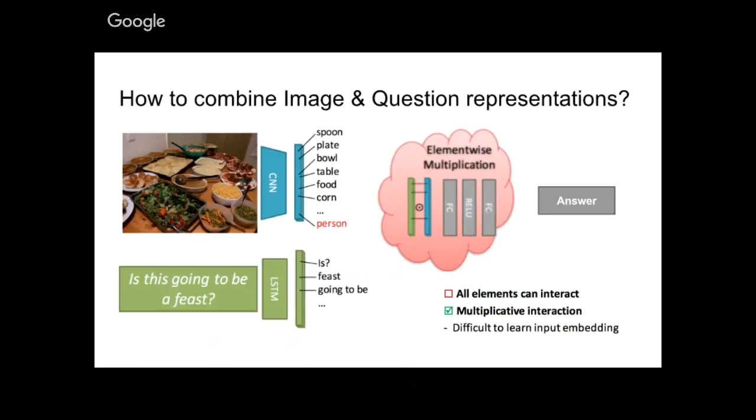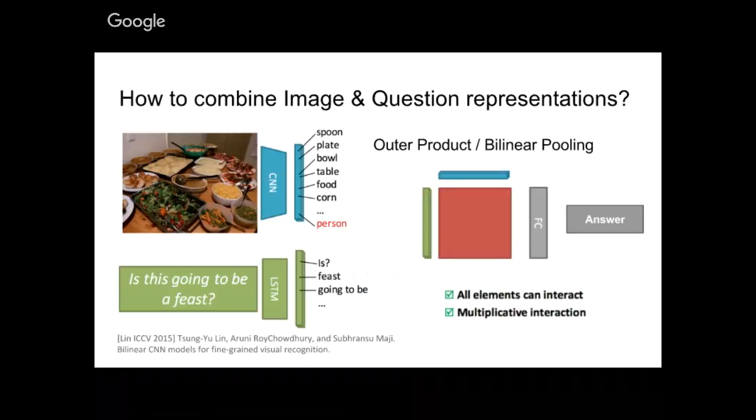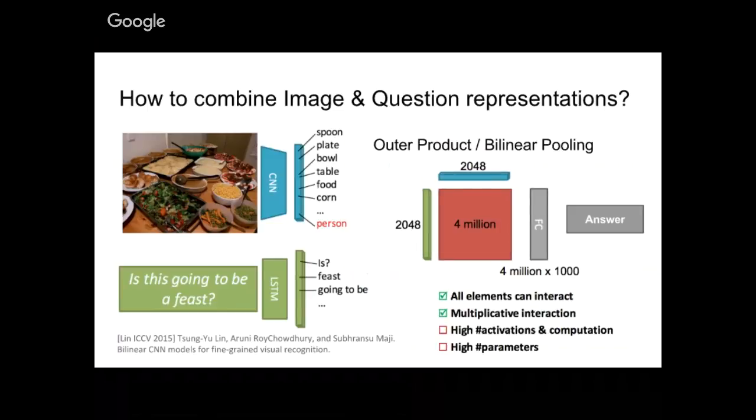The third possibility is to apply an outer product, multiplying all elements by all elements, but in this case the problem is that we would have around 4 million parameters if the vectors have 2,000 components, more or less. We would have interactions between all elements and multiplicative interactions too, but there are a lot of activations and a lot of parameters that are impossible to learn right now.